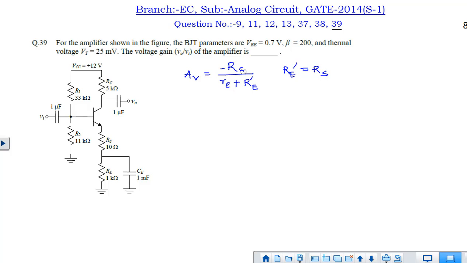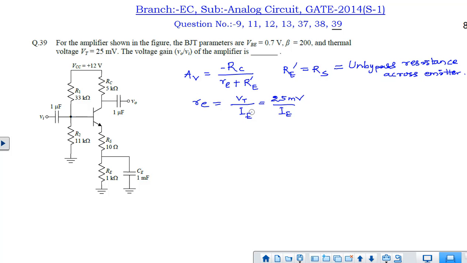So this is actually the gain of this circuit. We will try to find out what is the value of this re, then we can find out the gain easily. As I said, this RS is the unbypassed resistance across the emitter, so that will affect the overall gain of the amplifier.